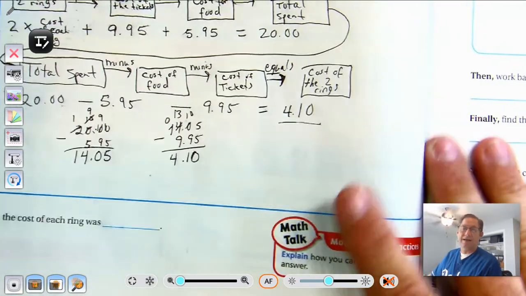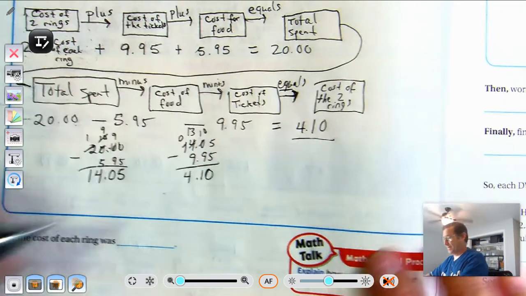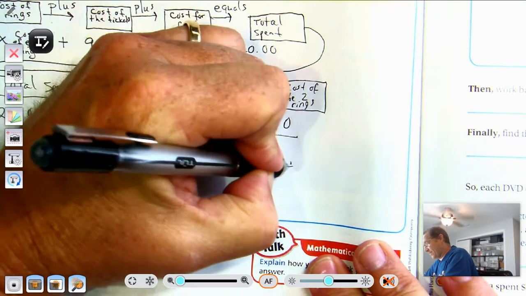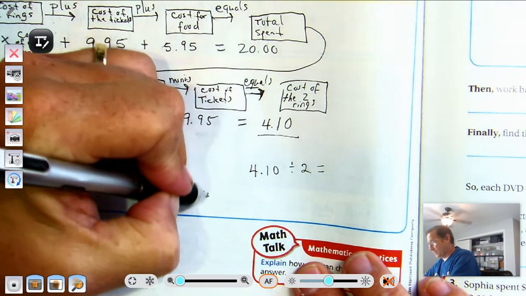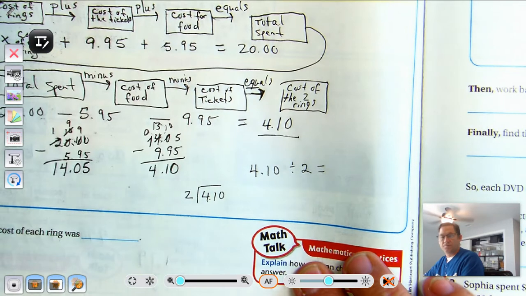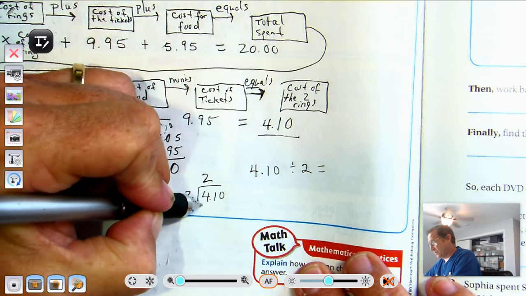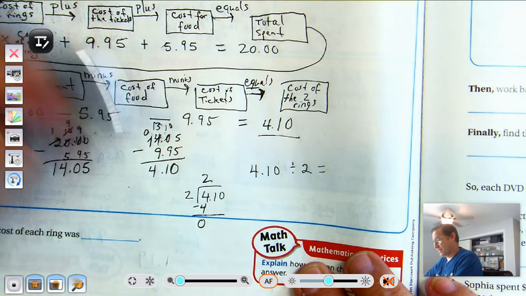But it didn't ask me the cost of 2 rings. It says the cost of each ring. So I'm going to take the 4.10 and I'm going to divide by 2. So $4.10 divided by 2. I know that I can share 2 ones in each group of 2, which would be 4.